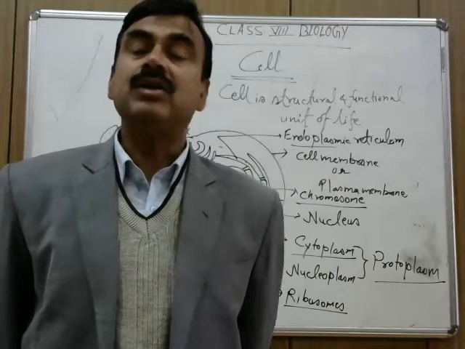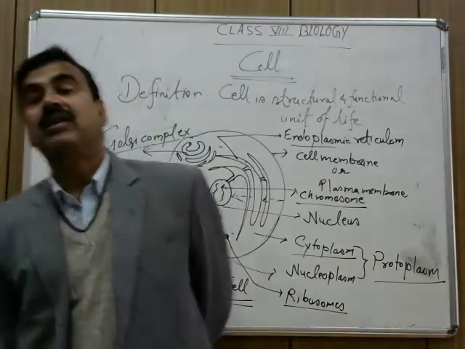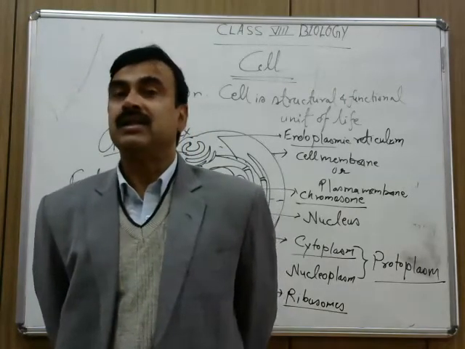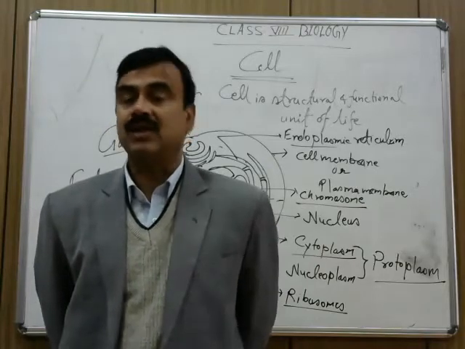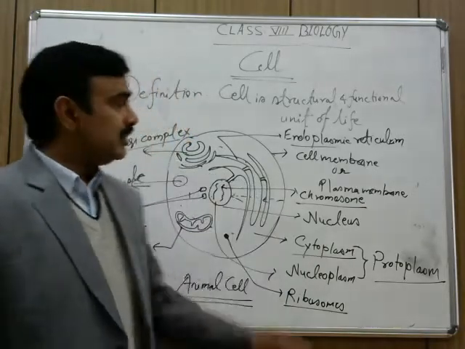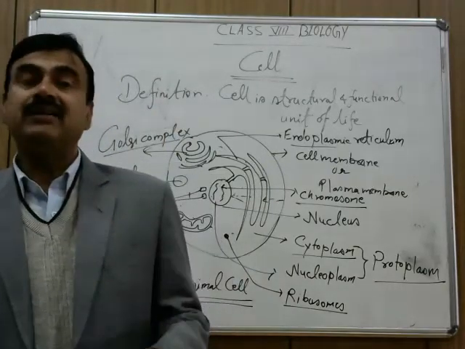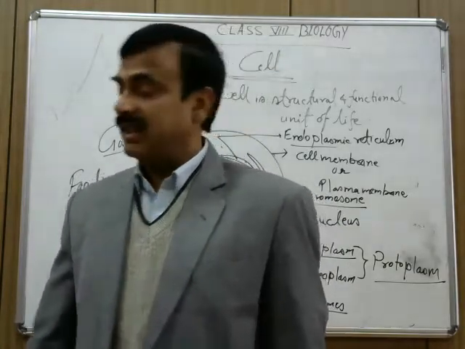The food vacuoles are small in size in the animal, but in the plant larger food vacuoles are present. So when you start the study, you can write the differences between plant cell and animal cell.